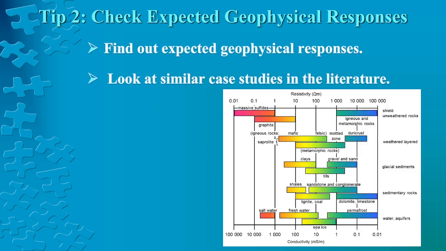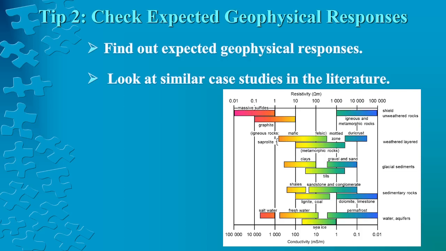Tip number two: check expected geophysical responses. What I mean by this is, you have a couple of lithologies in your region. You have to go to the textbooks and the articles and find out the reasonable range of resistivity for that specific geology.